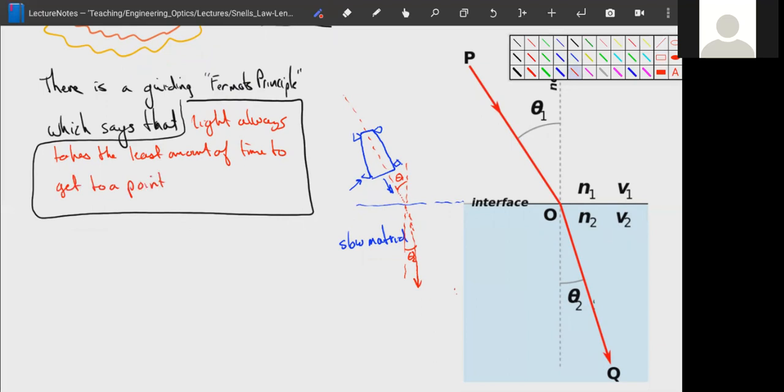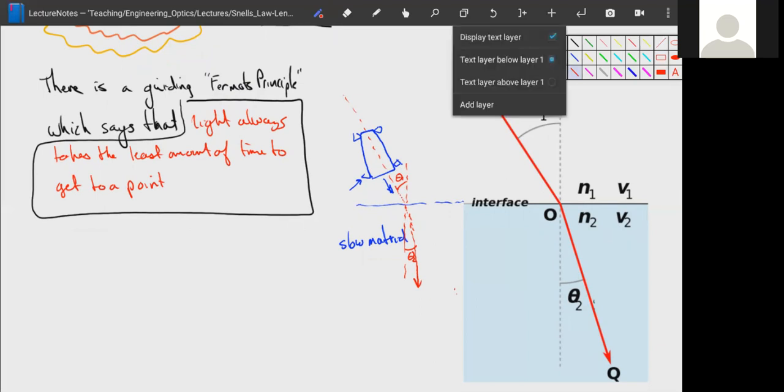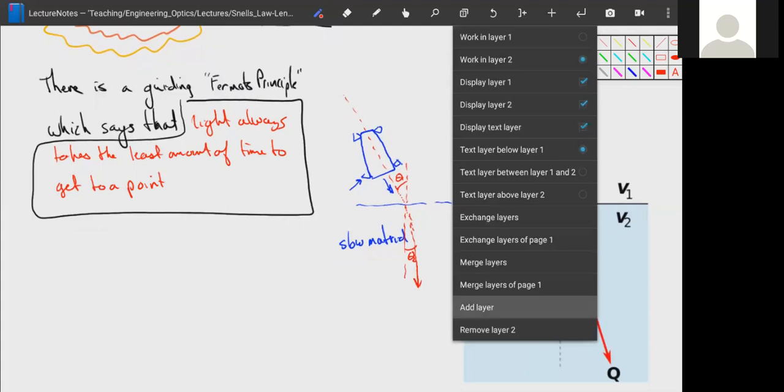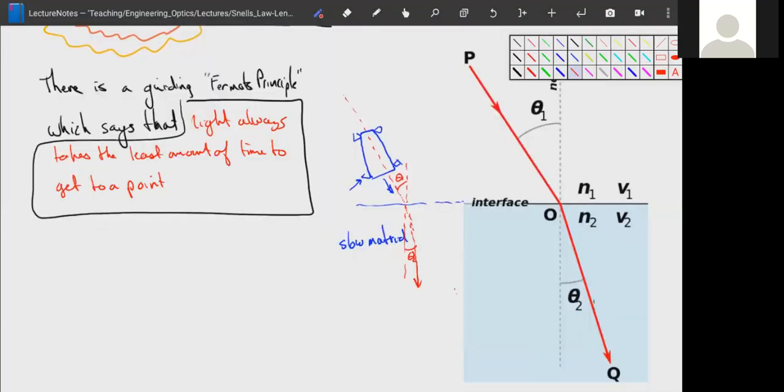So if we look at this example here, let me add some layers to this real quick. Let's say we're going from this point here down to this point here.